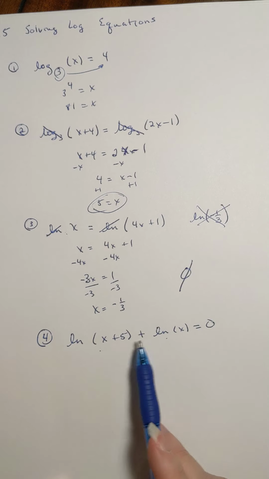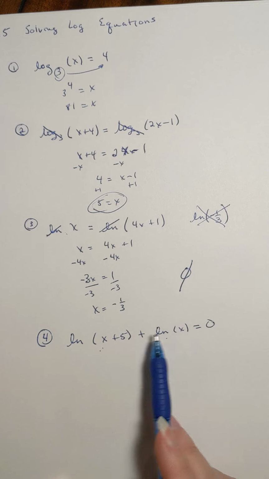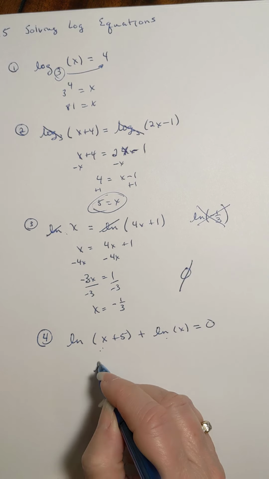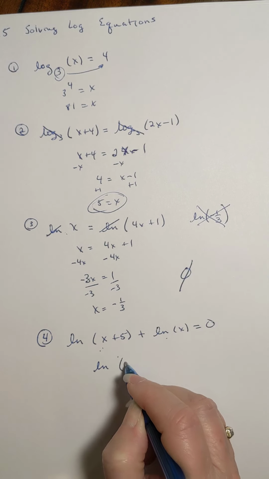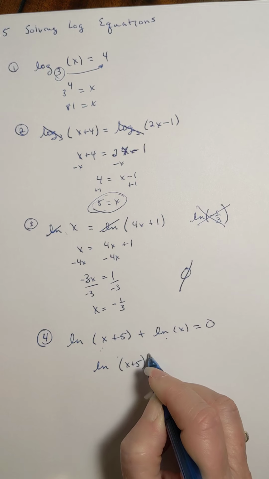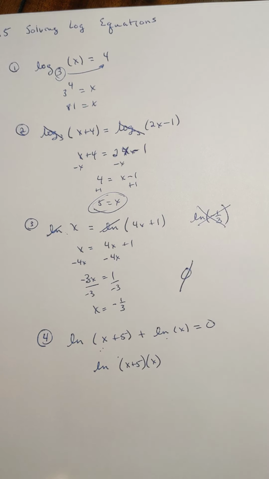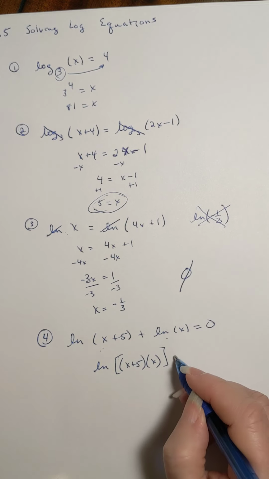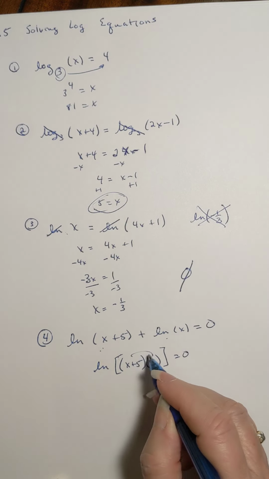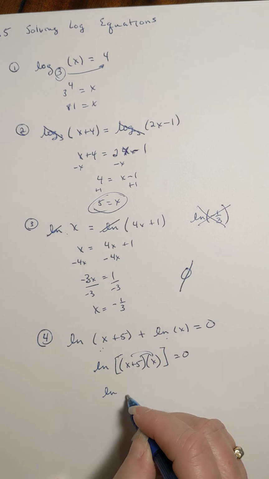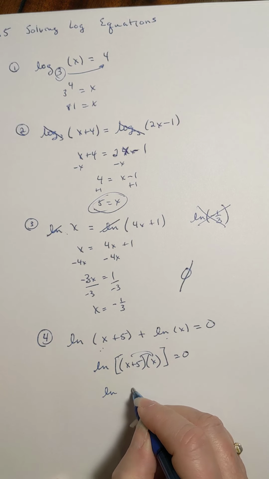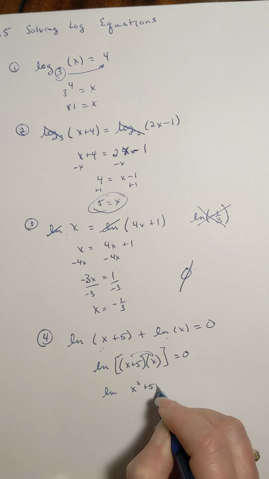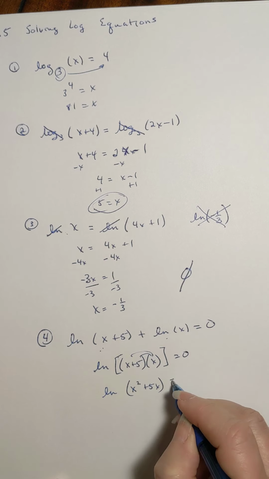So remember, when you're adding the logs, you multiply these two numbers. So it's going to be the natural log of x plus 5 times x, all right? So you're taking the natural log of all of that. So now let me distribute, and I get the natural log of x squared plus 5x equals 0.